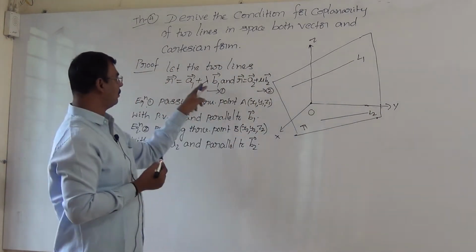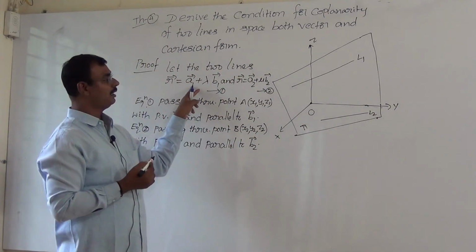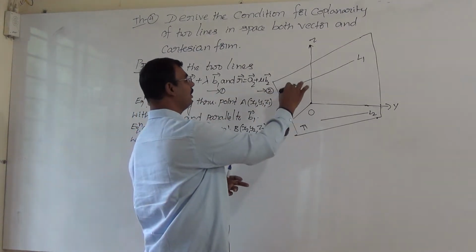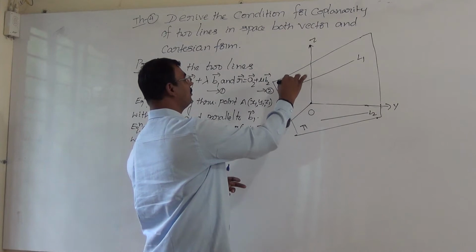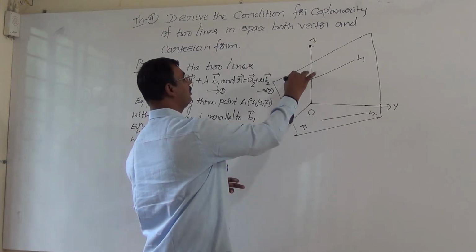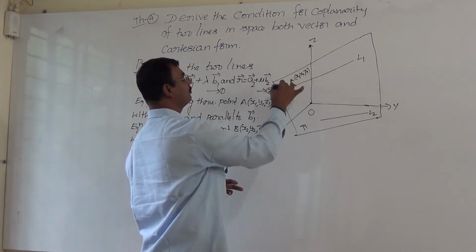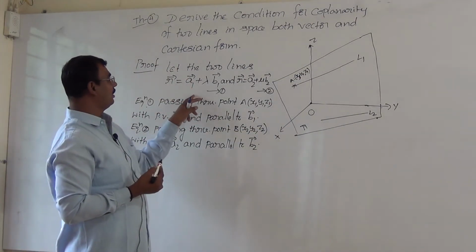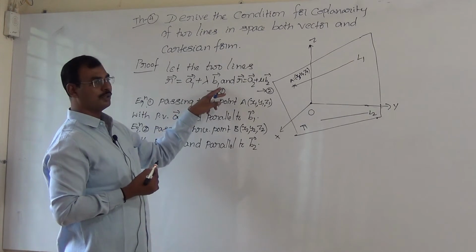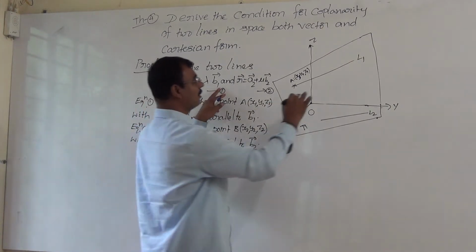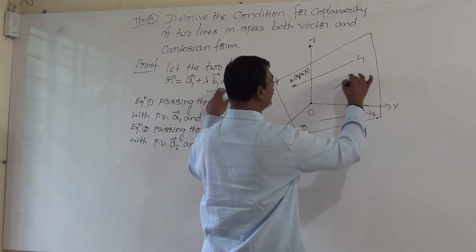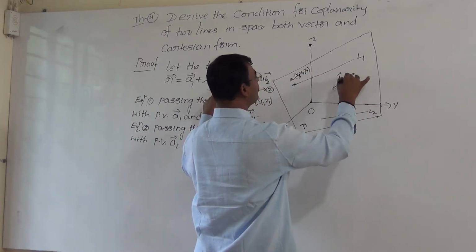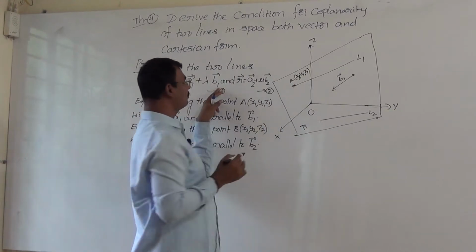Line L1 is passing through which point? Point A, with coordinates X1, Y1, Z1. And this line is parallel to the vector B1. This is the B1 vector, which is parallel to the L1 line.